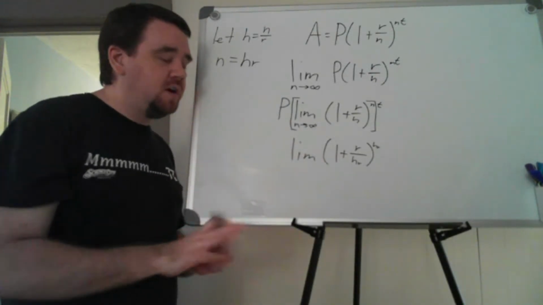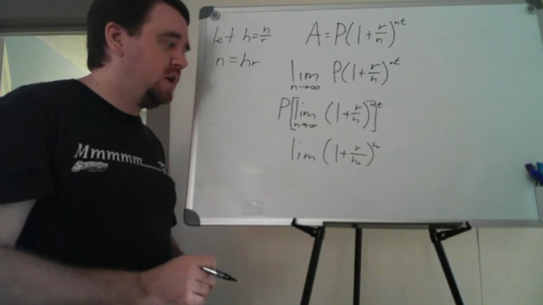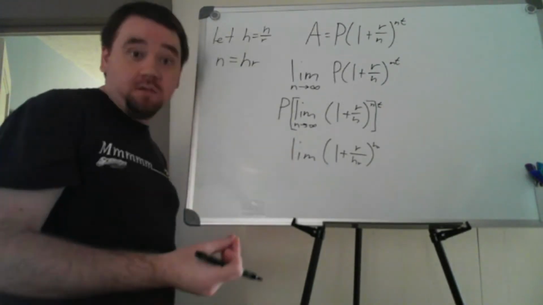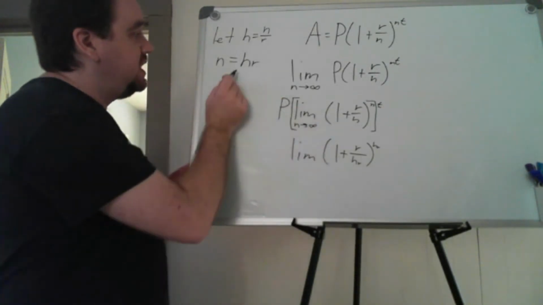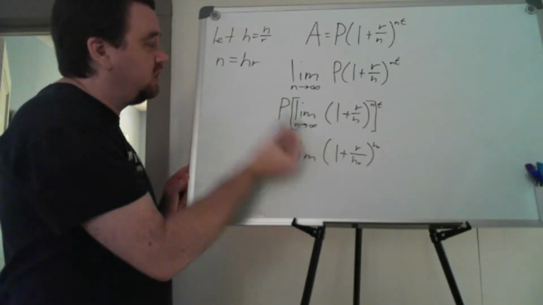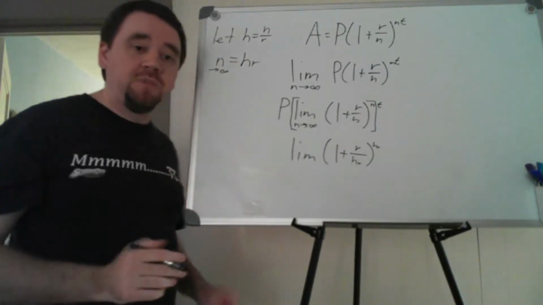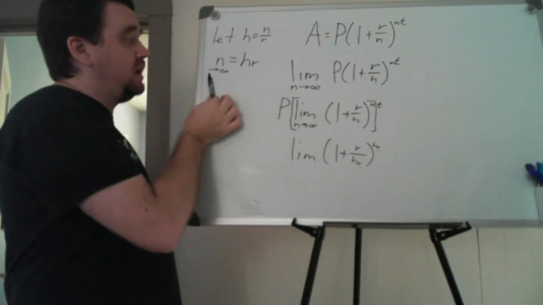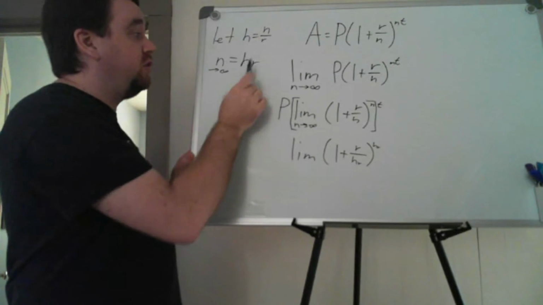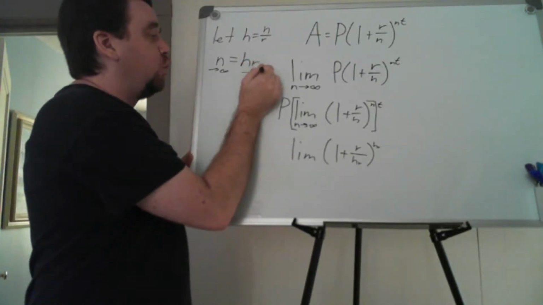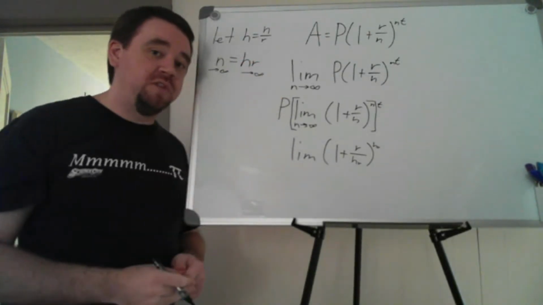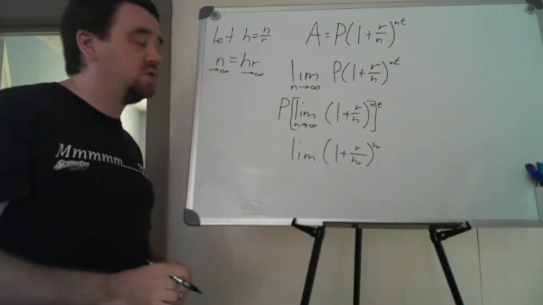And I don't want two variables as my limit variable, so I have to use a little bit of thinking power. I come back up to here, and we know what's happening based on our limit, that n is approaching infinity. So if the left side of this equation is approaching infinity, then so must the right side. The right side must also be approaching infinity, in other words, growing without bound.